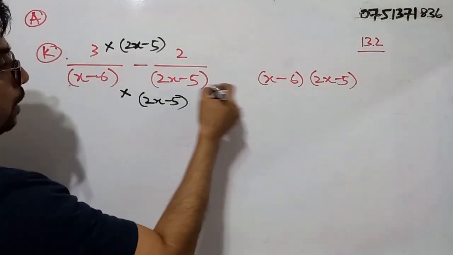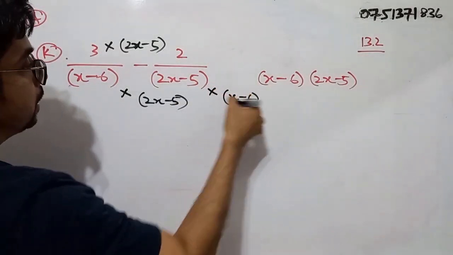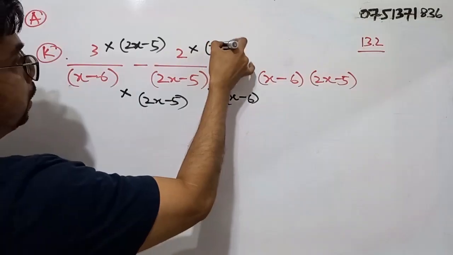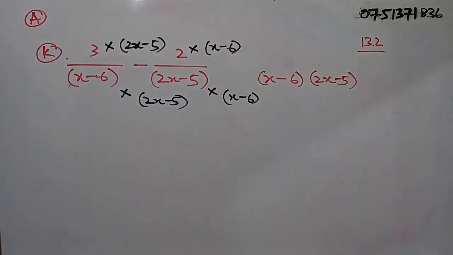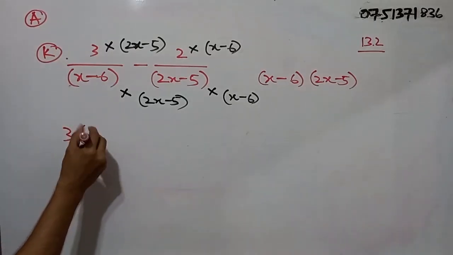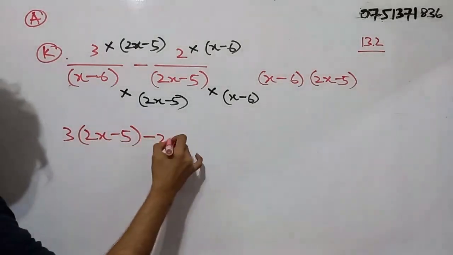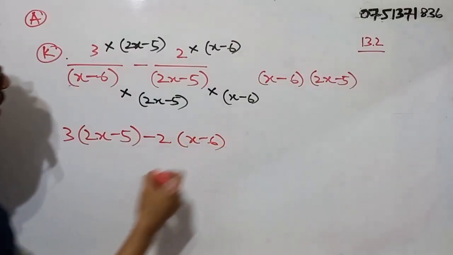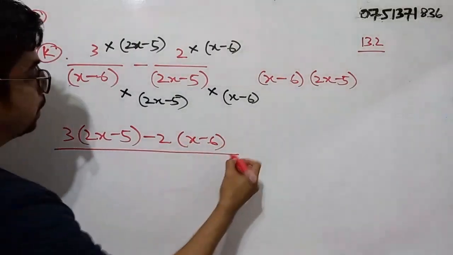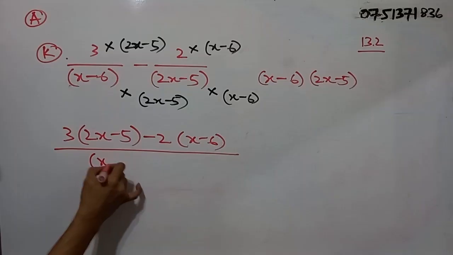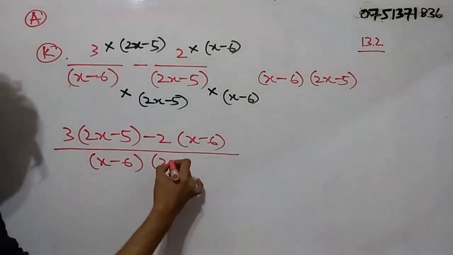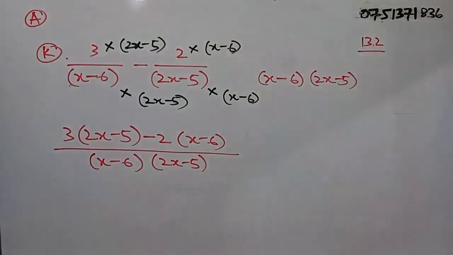So here we need to multiply this expression by x minus 6. So we have to do the same thing to the number above as well, right? Okay, so what do we have? 3 into 2x minus 5 minus 2 into x minus 6. Entire expression needs to be divided by what? x minus 6 and 2x minus 5.